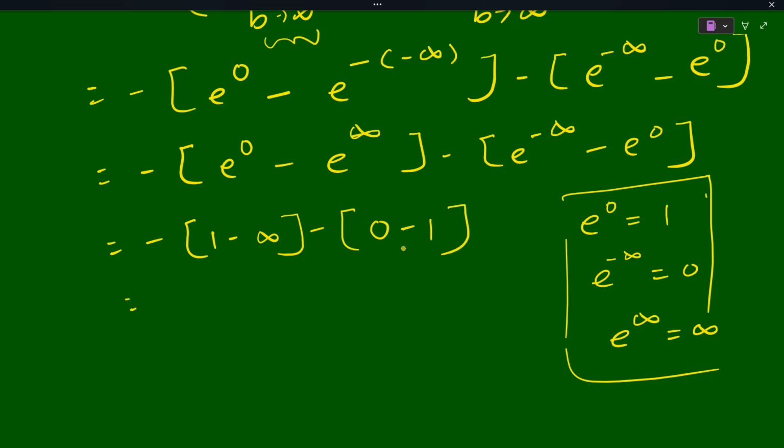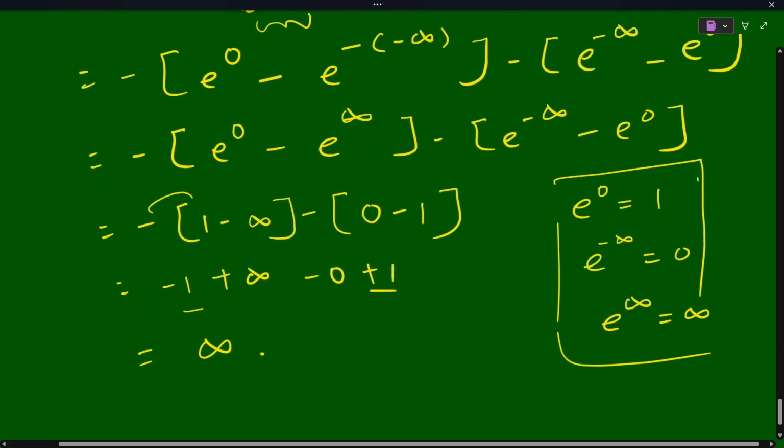Okay, so whatever may be this value, see this is 1 minus infinite, multiply sign. Okay, it is minus 1 plus infinite minus 0 plus 1, so minus 1 plus 1 cancel, this is 0 and this one is infinite, so infinite minus 0, this one is infinite.